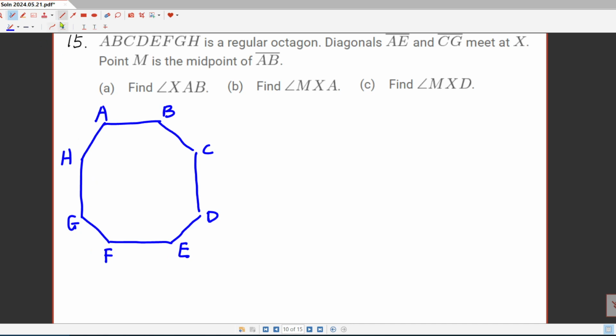Okay, and diagonal AE, so let's connect AE, CG, meet at X.